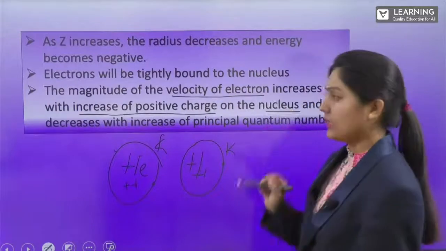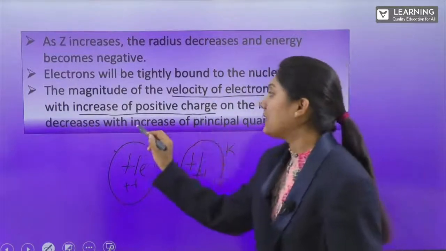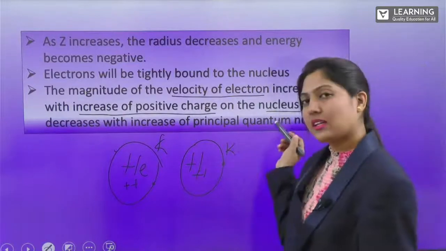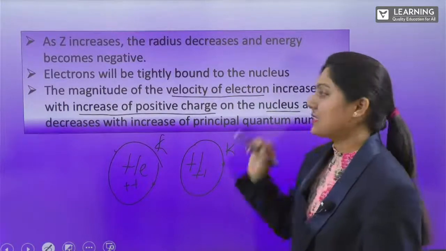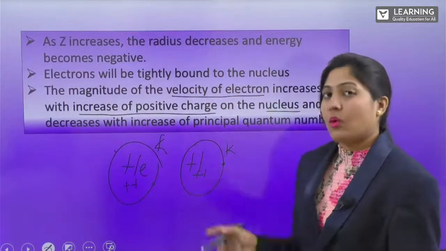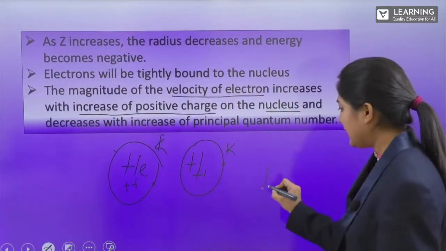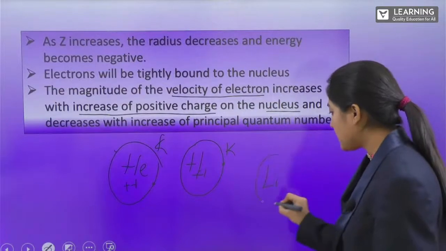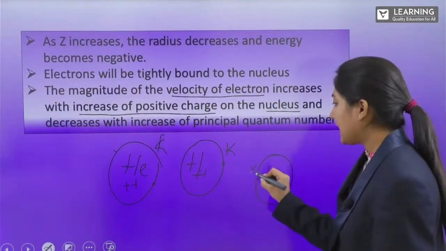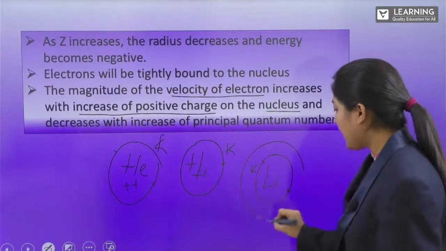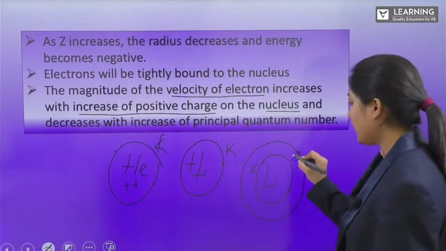So the positive charge, that means the protons present in the nucleus, also matters for the velocity of the electrons revolving around the nucleus. With the increase of principal quantum number, as the quantum number increases, the velocity decreases. What does this mean? That means if I take lithium, the K shell has 2 electrons and the L shell has 1 electron, okay?